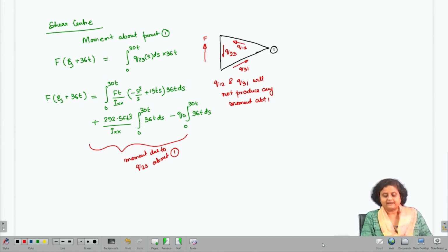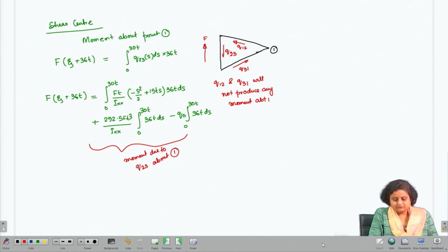Therefore, we have taken a negative sign on the right hand side. We have just multiplied it with minus 1, and if we calculate this in this equation, we will find that zeta is going to be minus 10 t.